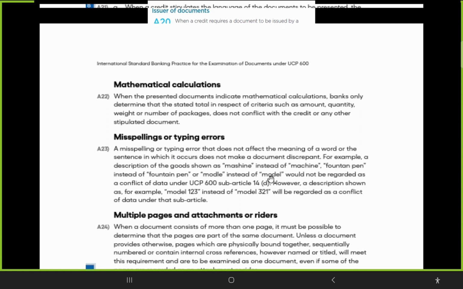And again, specifically, they have given us another example. Model 123 instead of model 321 would be a discrepancy. Why? Because these numerals, numbers which are given as a unique reference to any specific content or any specific description, like a pro forma invoice number, or a model number, will give an entirely different meaning if they change that unique reference.